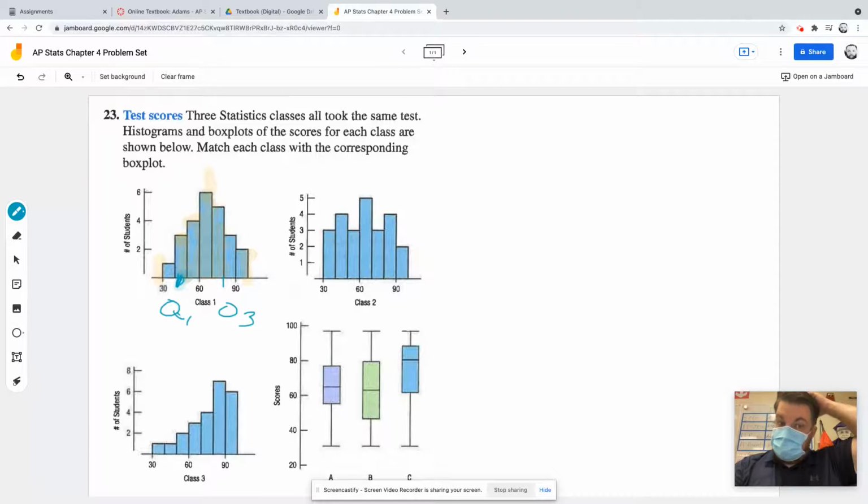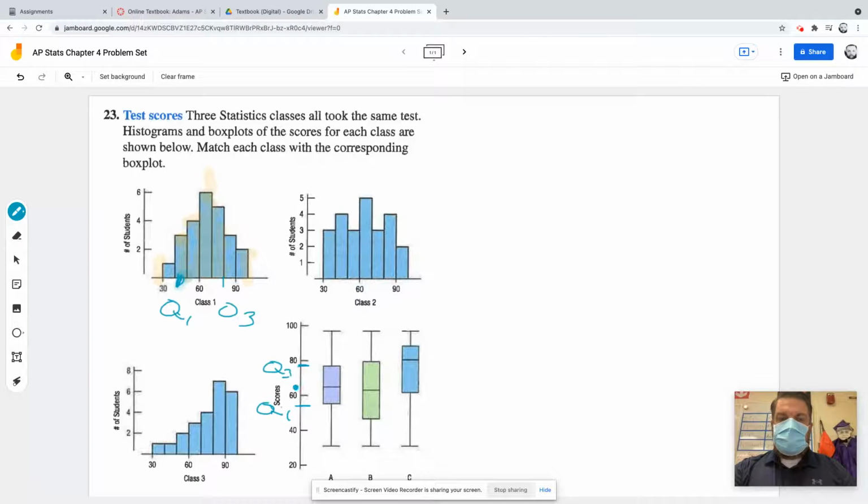Because A kind of matches, right? Does that make sense? Because right here, I'm below 80, and keep in mind, this is about 80. And then this is my Q3, and this is my Q1.